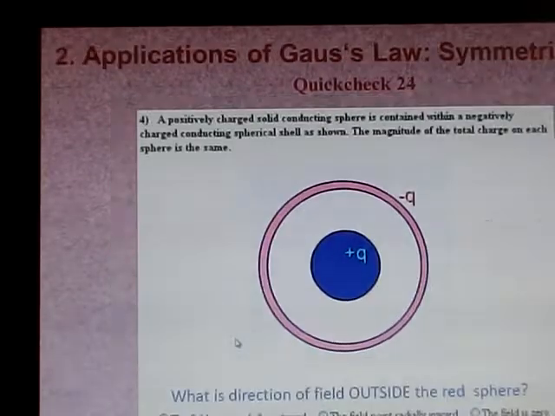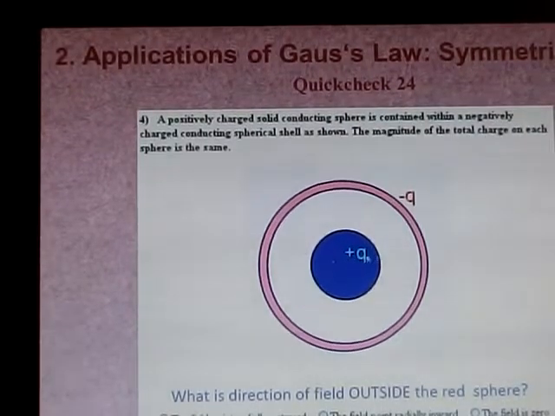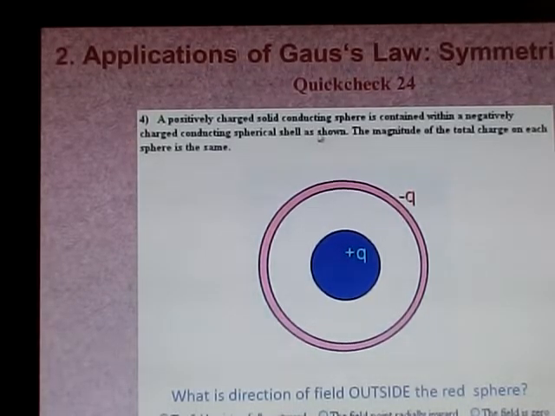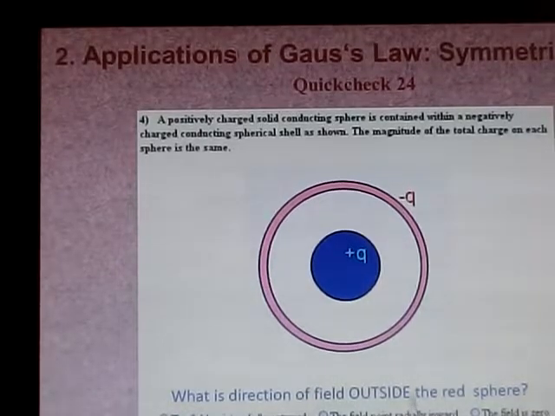Let's try another one. The same configuration, it says a positively charged solid conducting sphere, this one, is contained within a negatively charged conducting spherical shell, this one, as shown. The magnitude of the total charge on each sphere is the same as we had previously. Now the question, what is the direction of the field outside the red sphere? Hey guys, let's use Gauss's law.